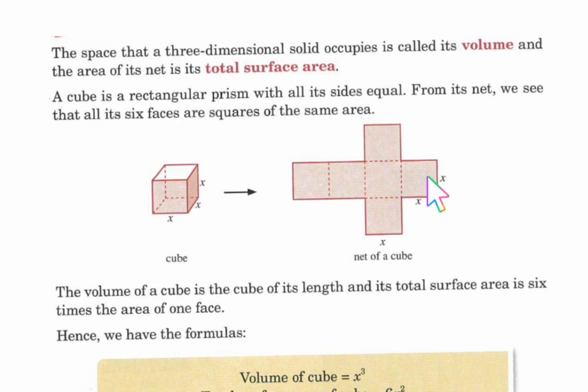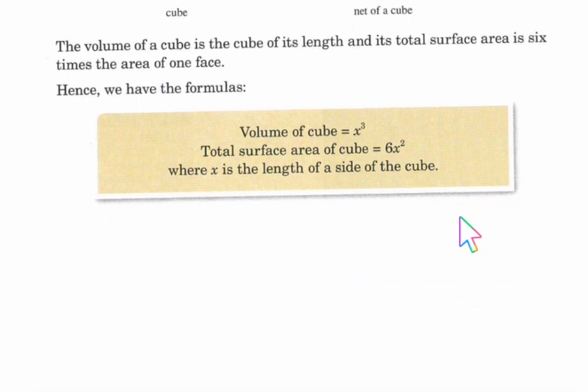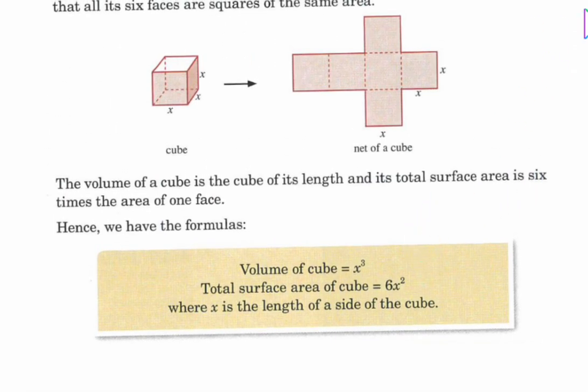So here is the net of a cube. They're basically 1, 2, 3, 4, 5, 6 squares, areas that are added together because that's the total. The surface area of the cube, we were talking about surface area with the net, would be all 6 of those areas added together, or 6x squared, if each of those sides were x.